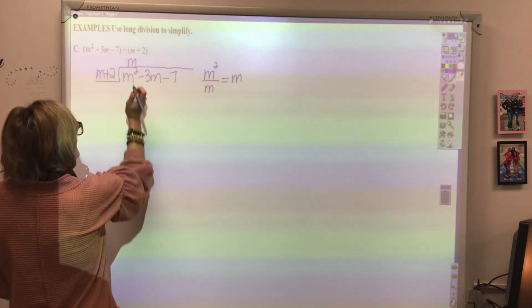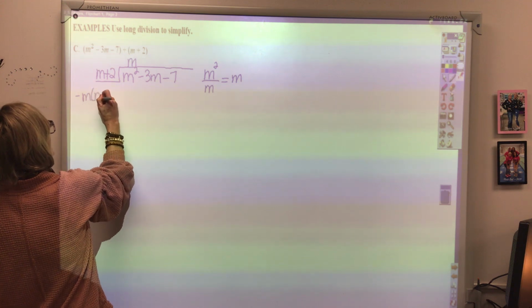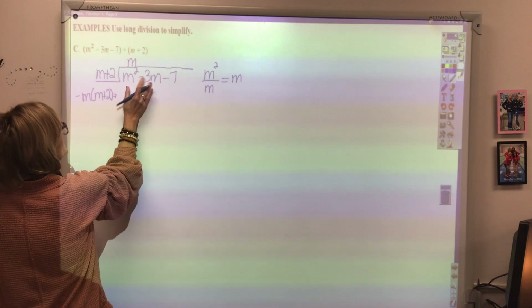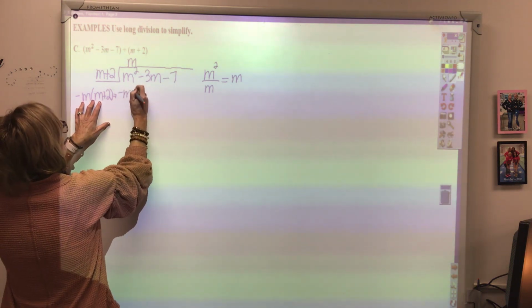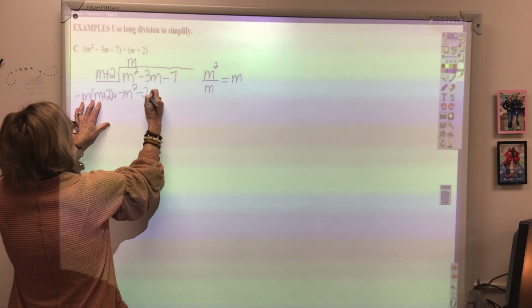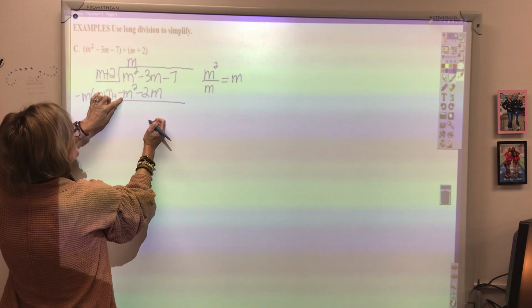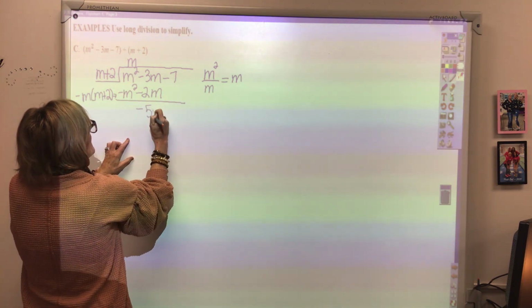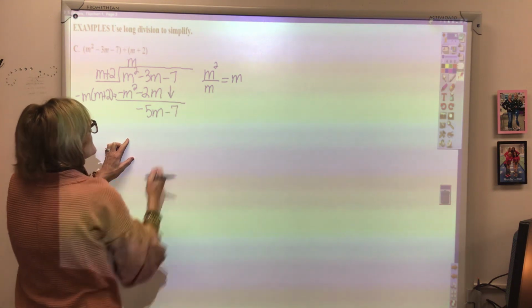So I'm going to take negative m times m plus 2, and write it underneath these. So I would have negative m squared minus 2m. The m squareds will cancel. I'll now have negative 5m, and I'm going to bring down my next term, the minus 7.